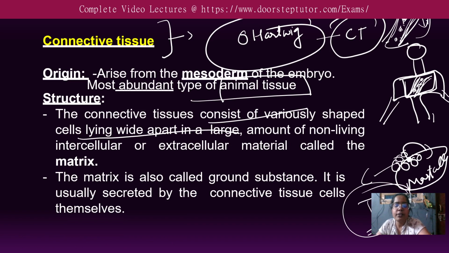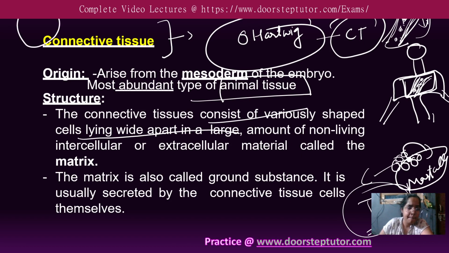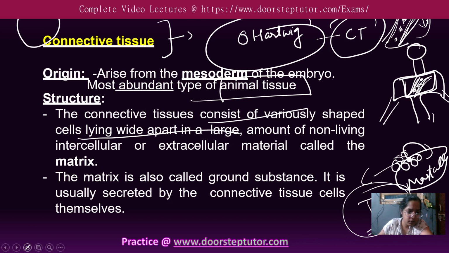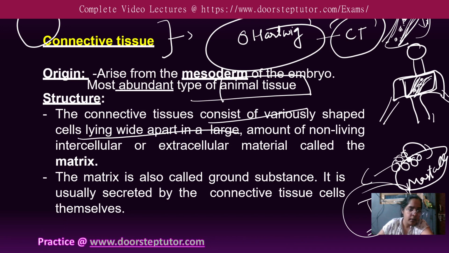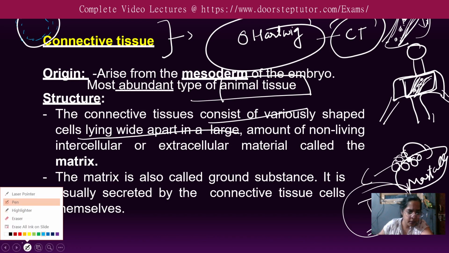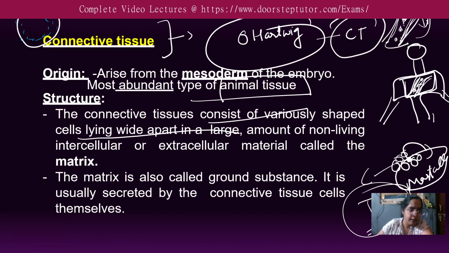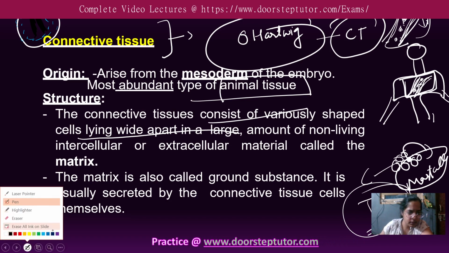Now the matrix is also called the ground substance. What is matrix here? Let me draw. The ground substance you can see here, okay. We have the fibers. I'm using black color, black fibers. I hope this is visible, and I'm using a different color also.